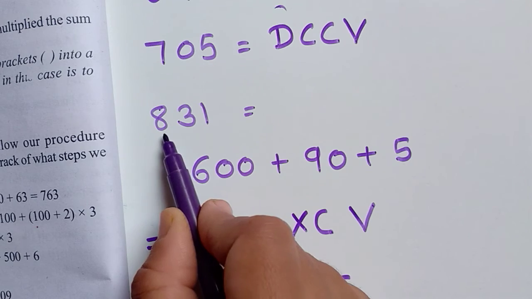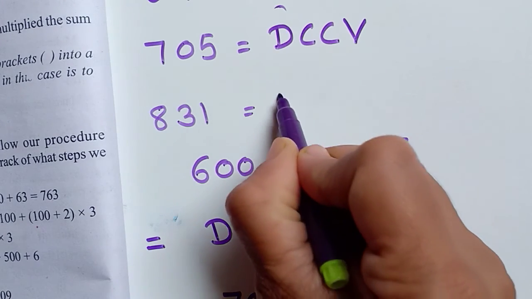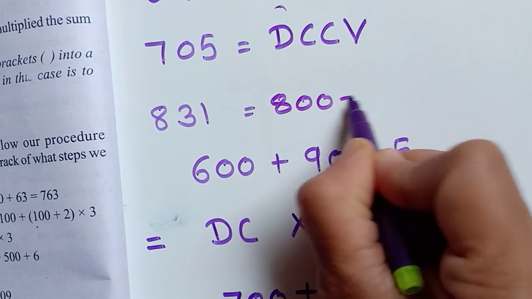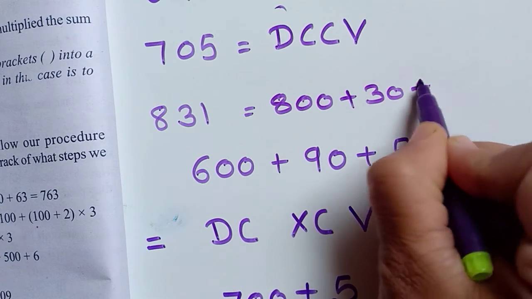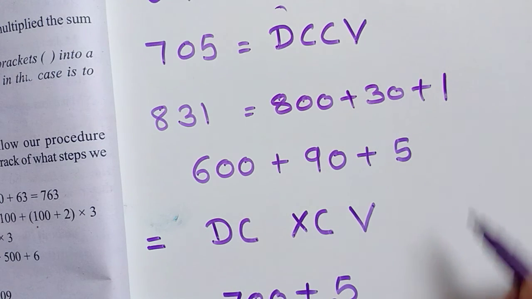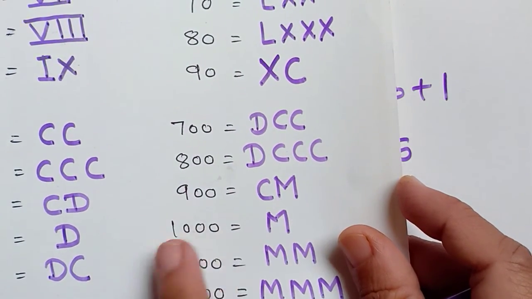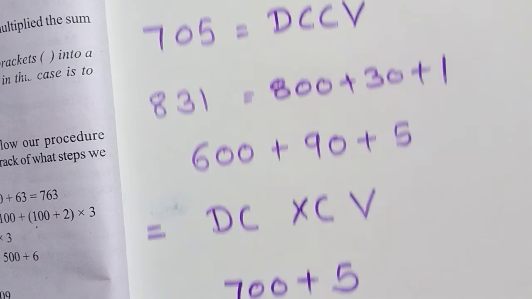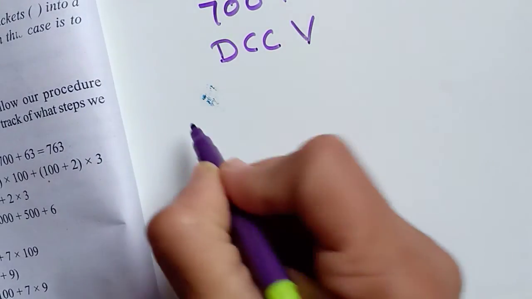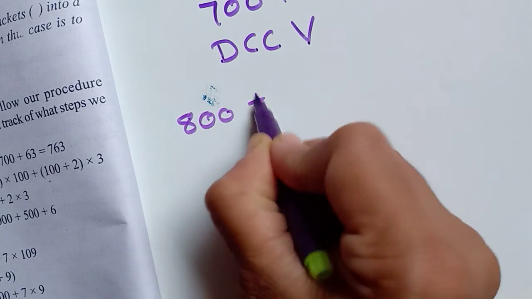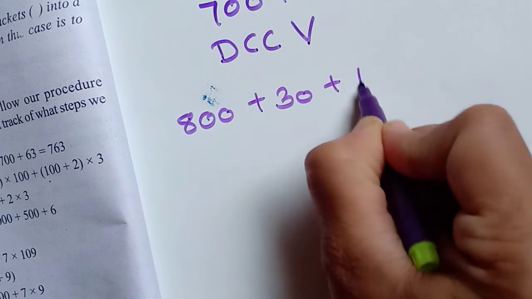Now here it is 831. So I will write it. 831. Now for 800, we have written DCCC. Just remember this chart. So I will write it down. 831.